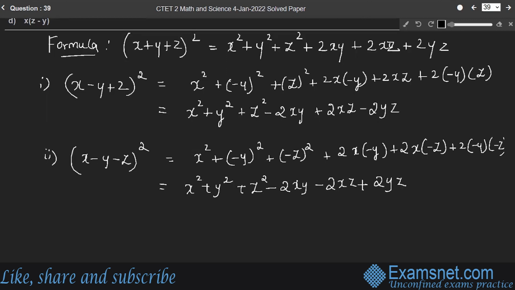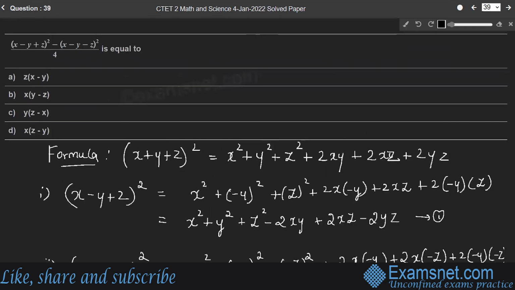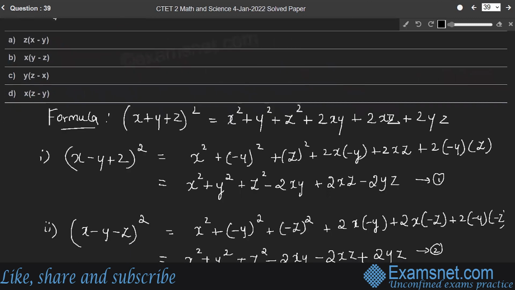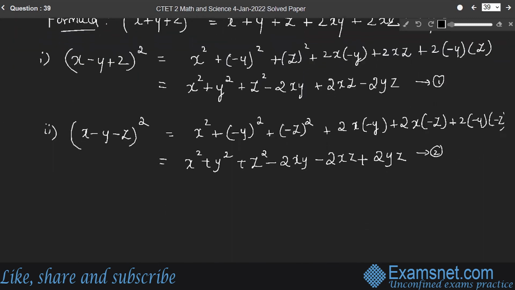So minus of minus is plus. So consider this as 1, this as 2. So in the question, we have to subtract 1 minus 2.